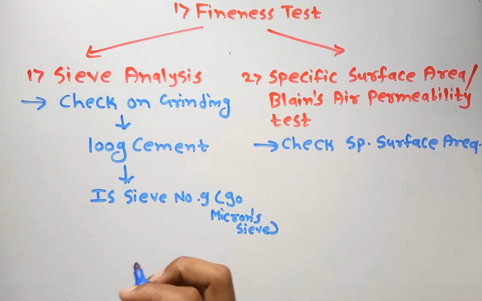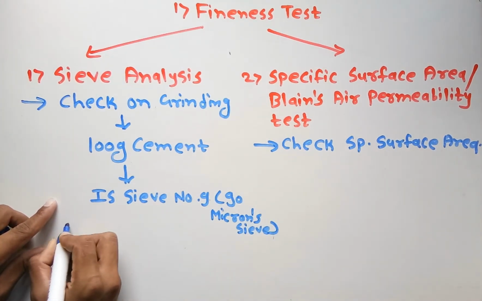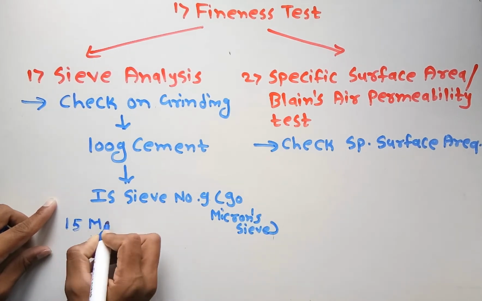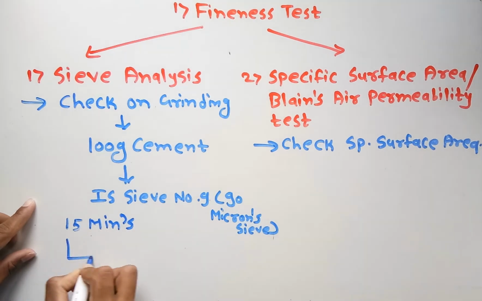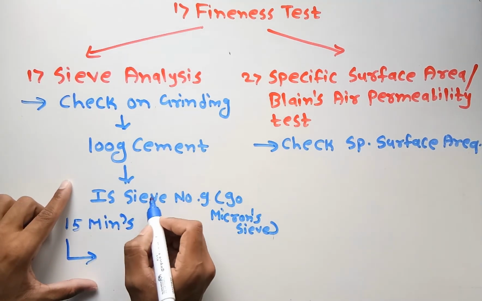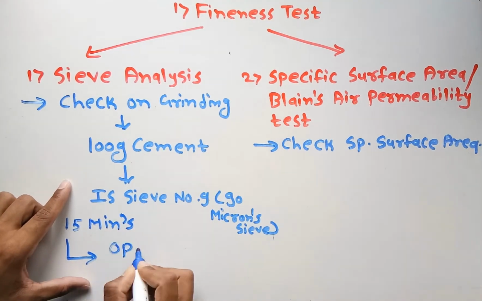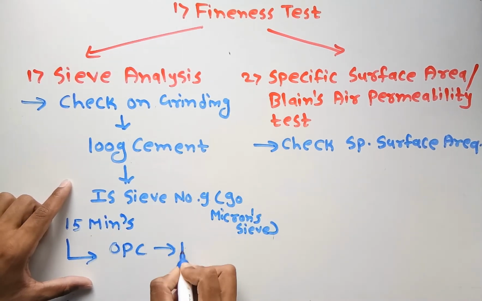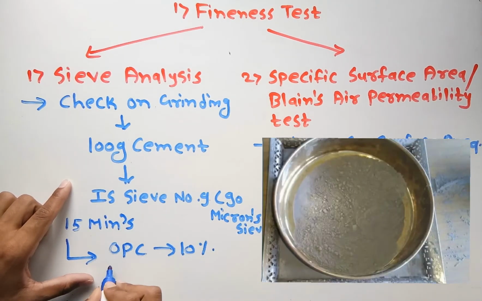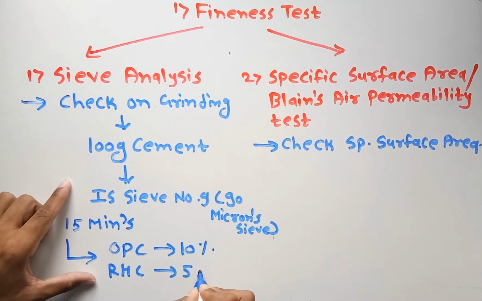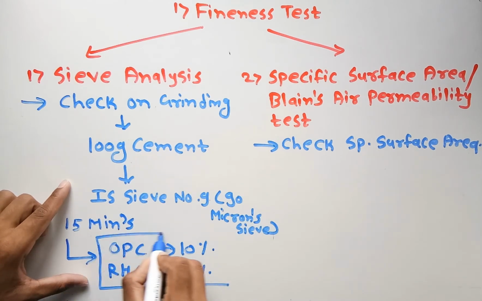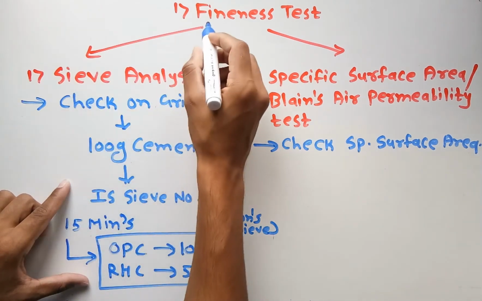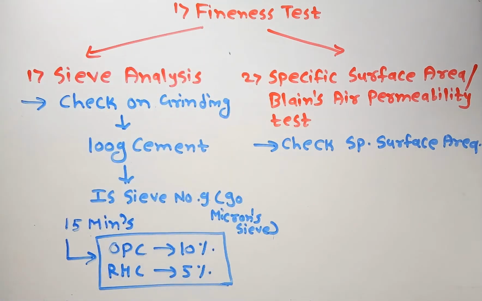Then it is sieved for around 15 minutes, and at the end, the material retained on this sieve should be around 10% of the weight for OPC, and for RHC, that is rapid hardening cement, it should be around 5%. This is the basic measure considered to determine the fineness by the sieve analysis method.